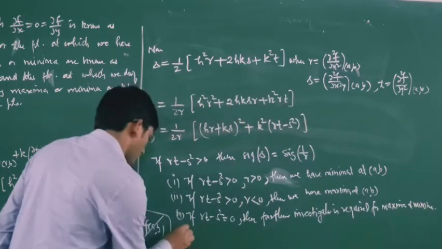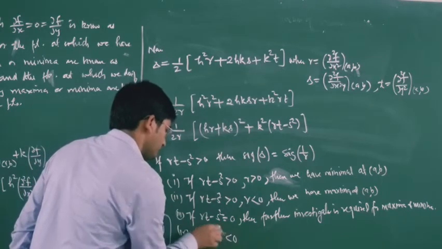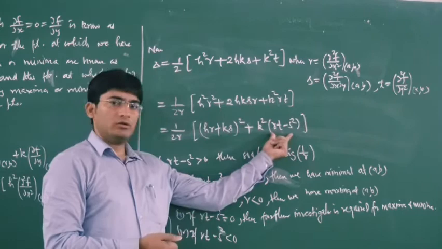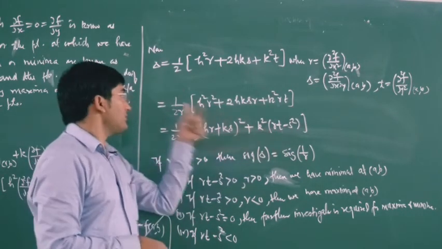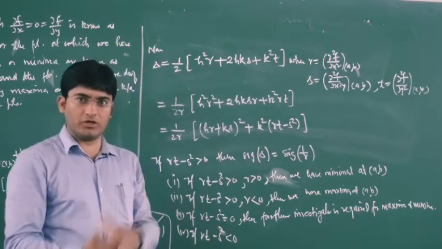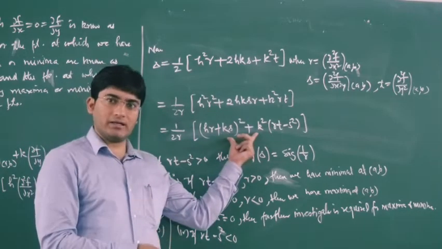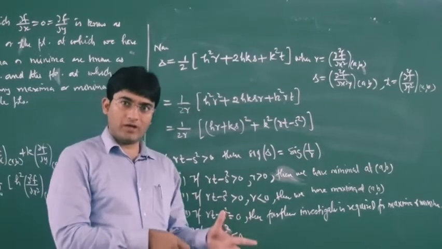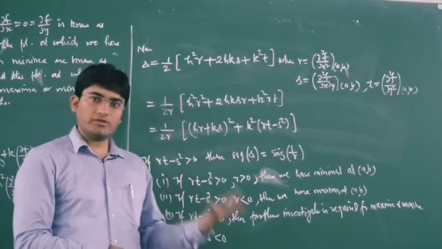And the fourth point, if your rt minus s square is less than 0, then this bracket can be either positive or negative. So the sign of delta will depend on this bracket, which can be either positive or negative. It is not fixed. So we can say that for rt minus s square less than 0, we do not have any maxima or minima, and such points are known as saddle points.